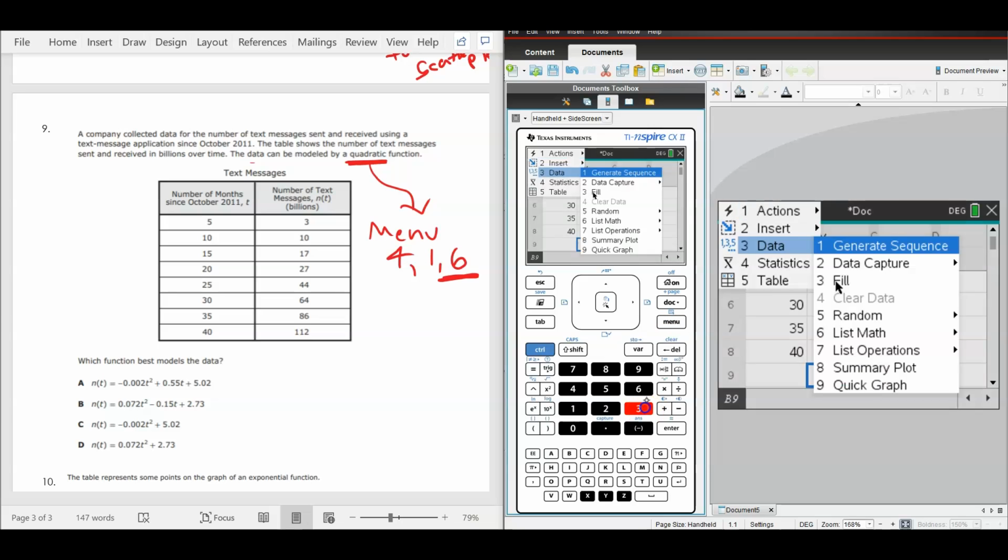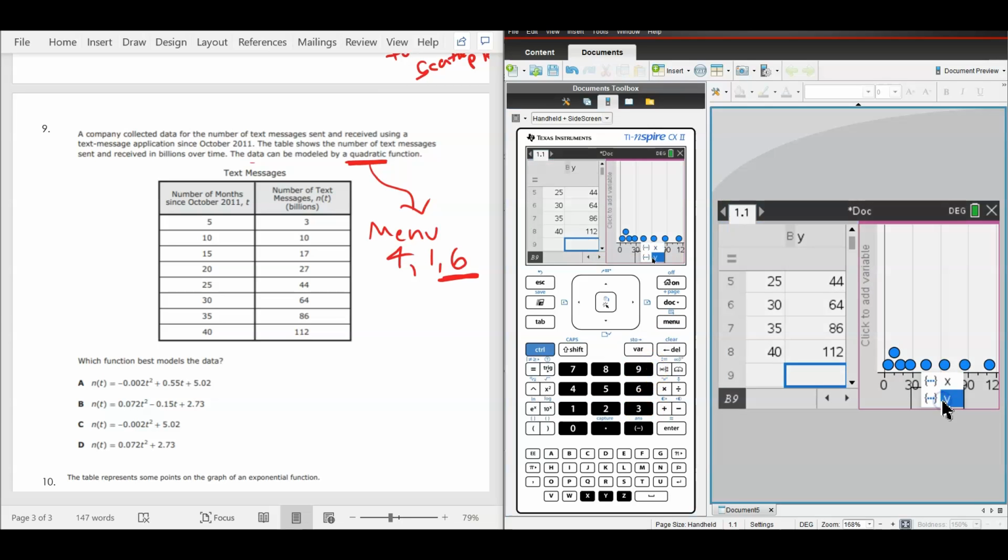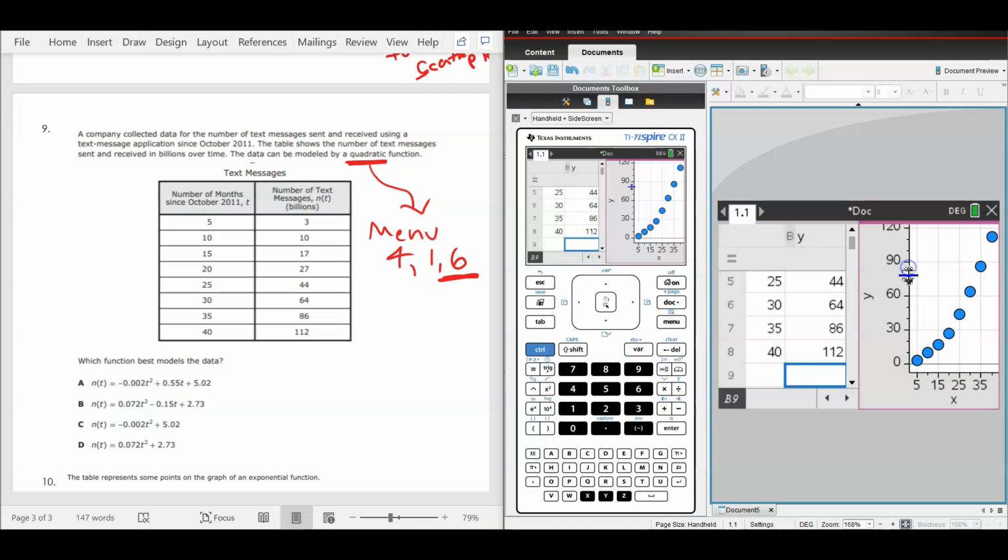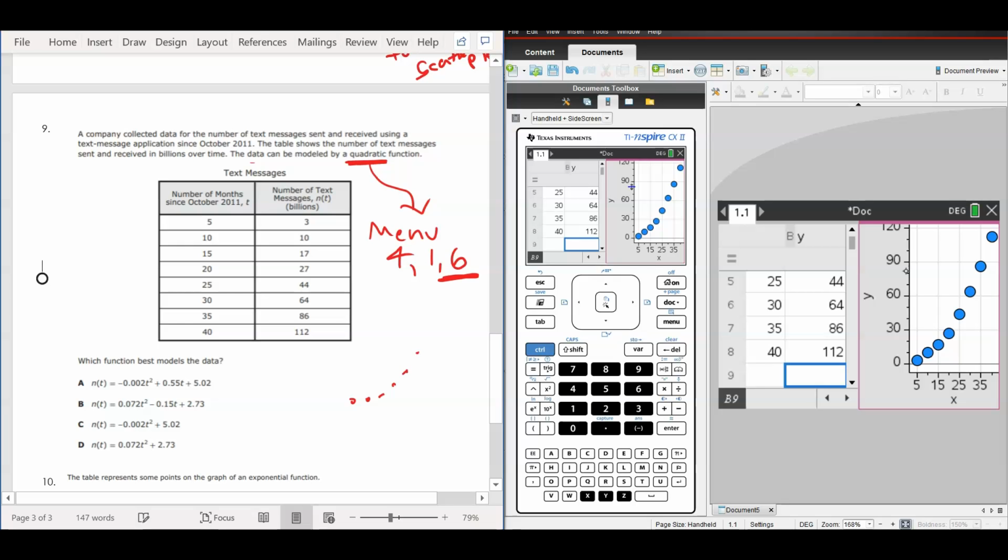And then menu 3.9 for scatterplot, X on the bottom and Y on the top. Do you see how it bottoms out and it's curving upward like this? This looks like it would be exponential, but it's really just half of a quadratic graph.